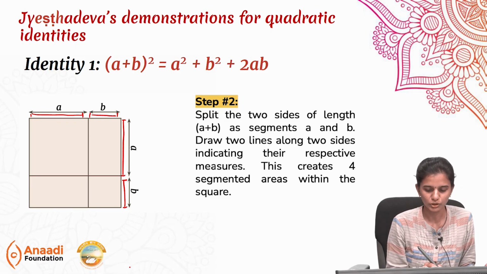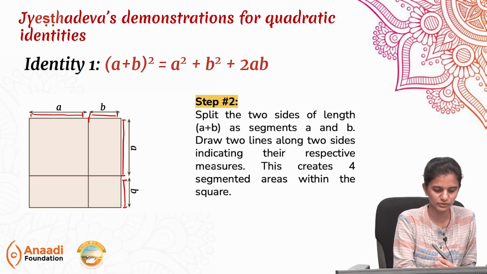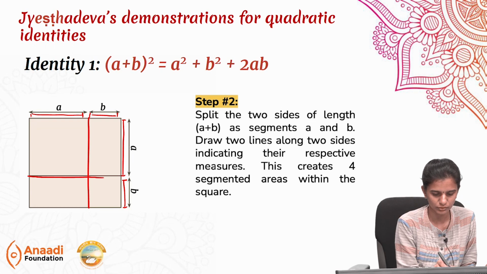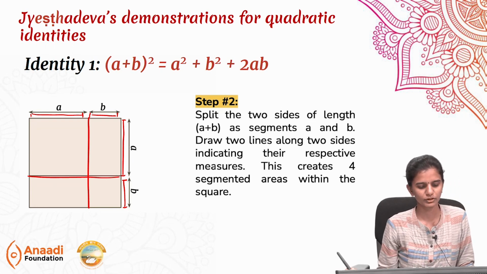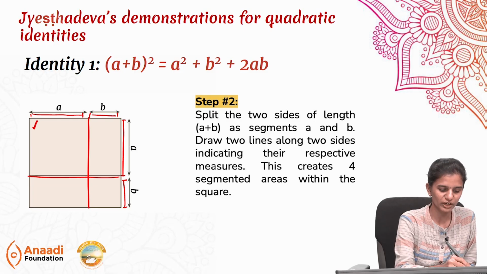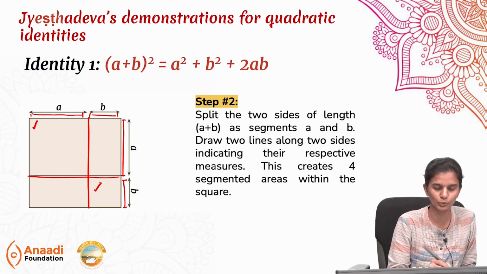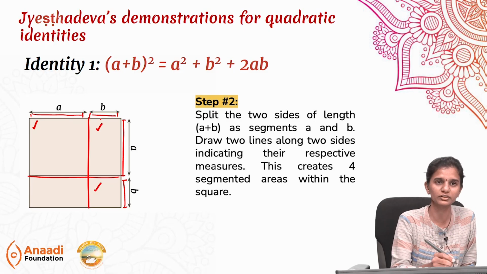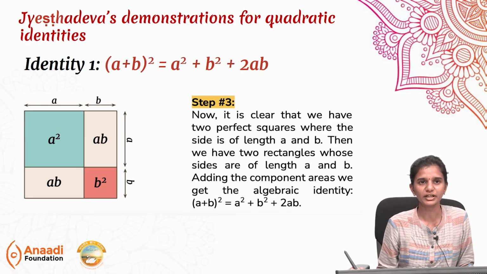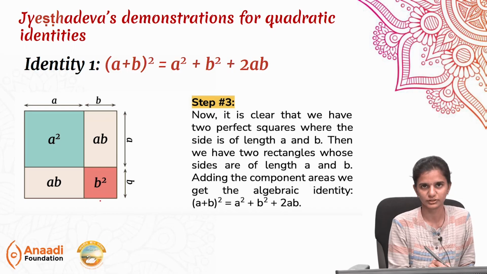We are going to draw two lines like this along the two sides. So now we see that we have got 4 segmented areas. That is, we have a square here, another square here, a rectangle here, and another rectangle here.